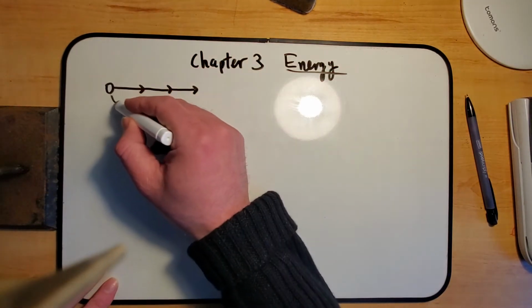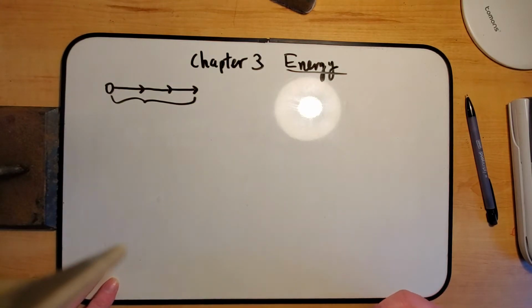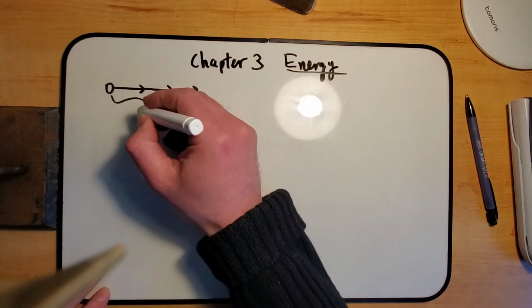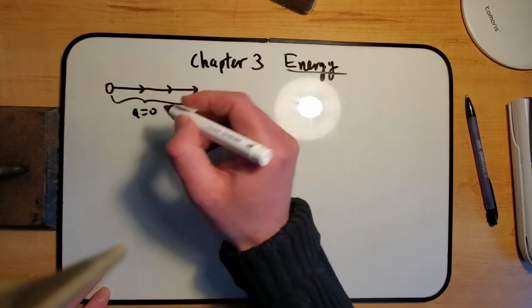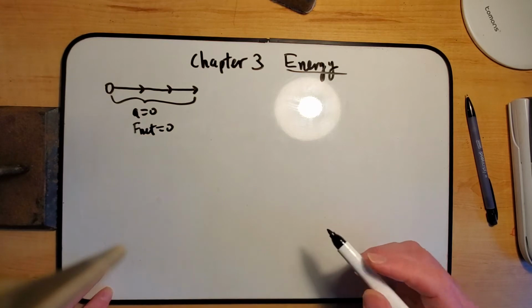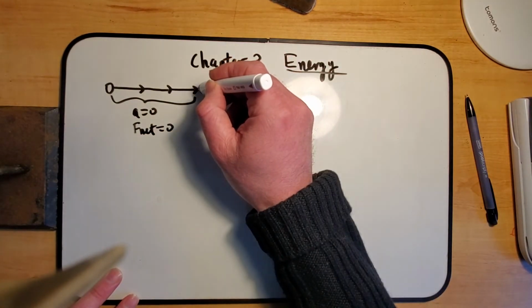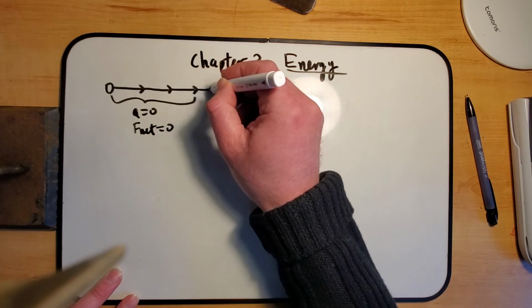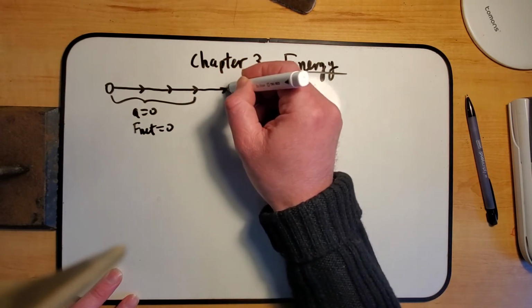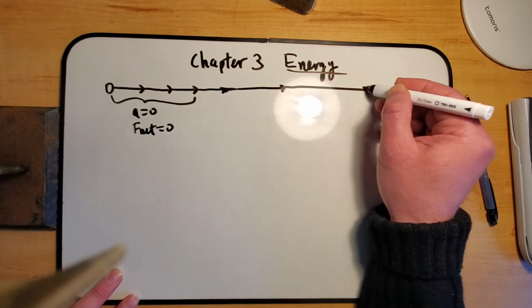So here, during this object's displacement, you have acceleration equal to 0, and the net force is also equal to 0, of course. Now, what happens if your velocity starts increasing? You have a little bigger velocity here, then here, and then here.